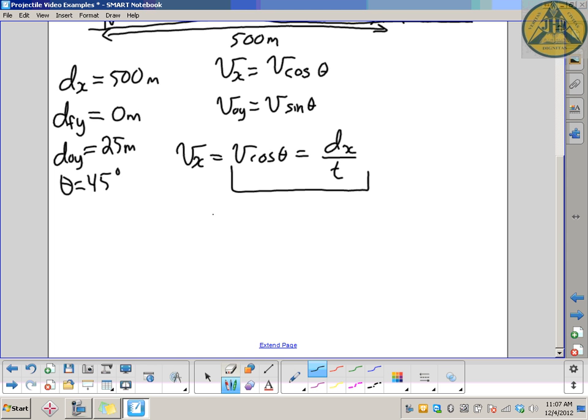So the time is the range, the horizontal distance traveled, over v cosine of 45 degrees. I'll work out the cosine of 45 degrees a little later on. It's a decimal, it's irrational, so by keeping it as cosine 45, I'll keep my numbers exact. I'll call that equation number 1.